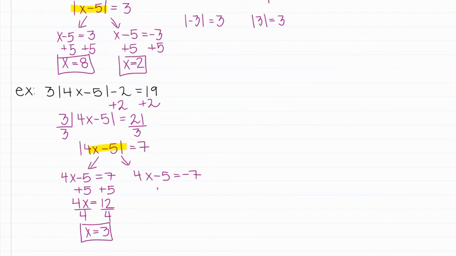And on this one, we add 5, so we get 4x equals -2, and we divide by 4, so x equals -2 over 4, which is really -1 over 2. So you have two solutions. So some of you might be wondering, are we always going to have two solutions? The answer to that is no, and that's actually what we're doing tomorrow.